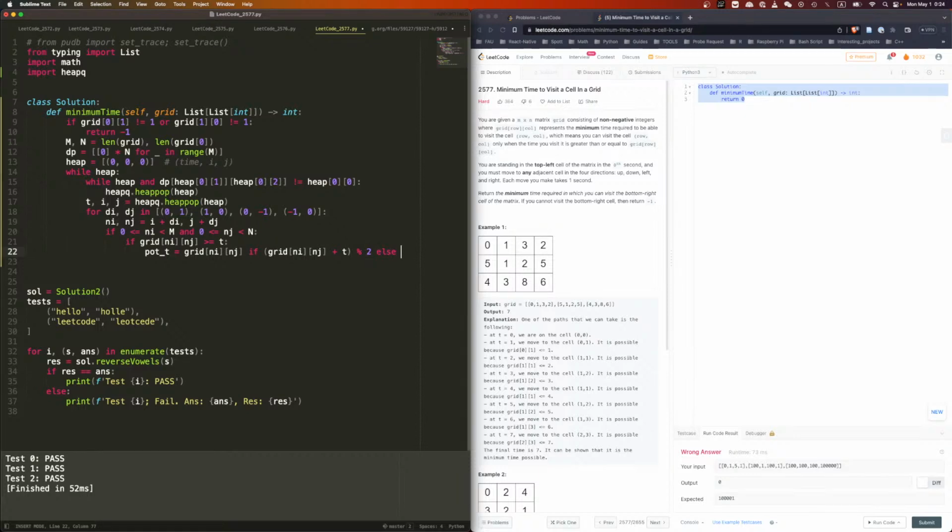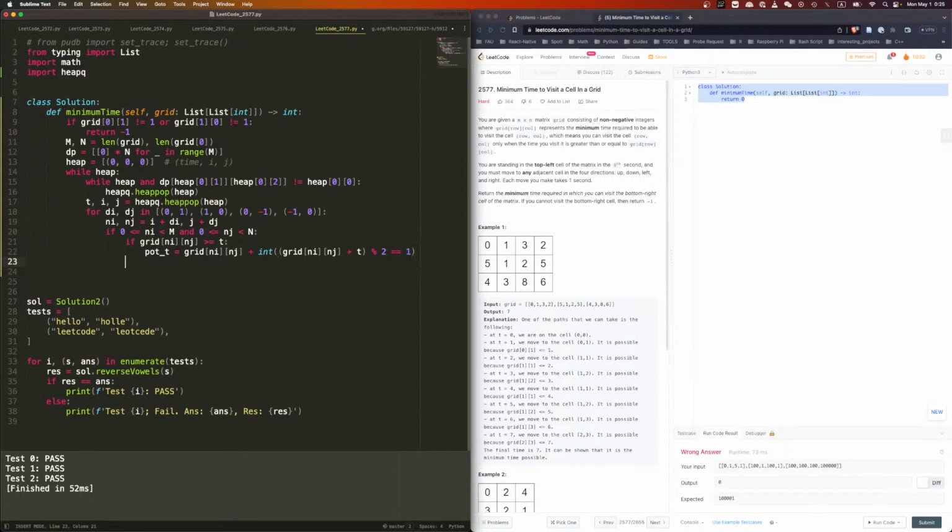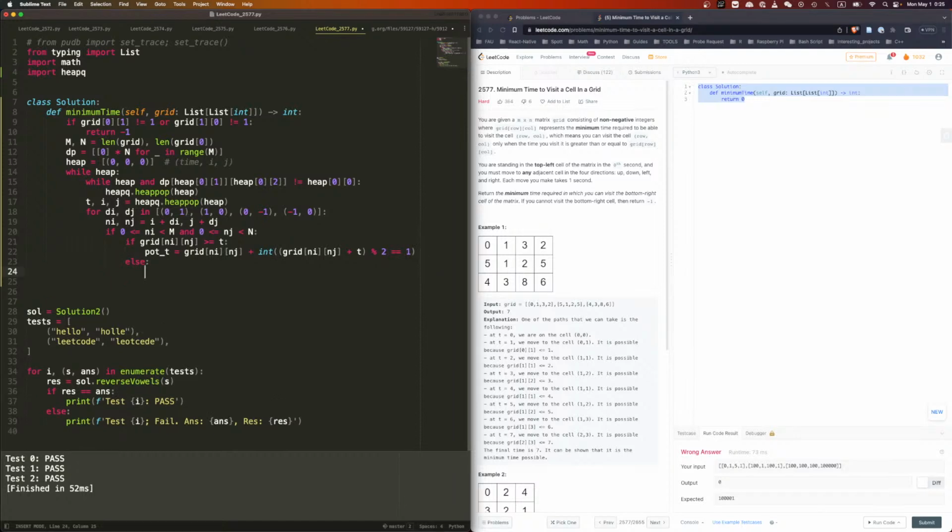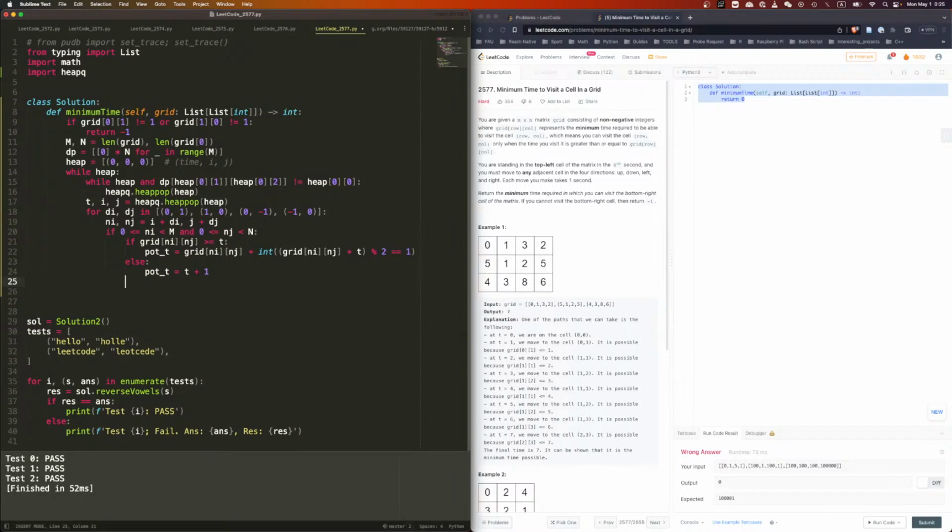Else, this plus 1, which just means this plus this. I can say int of this thing equal to 1, right? If this is equal to 1, which means they have different oddity, then it's going to be the potential time. Otherwise, it's this. If it's smaller, then to reach there, it's just going to be t plus 1, right? Now we have the potential t.